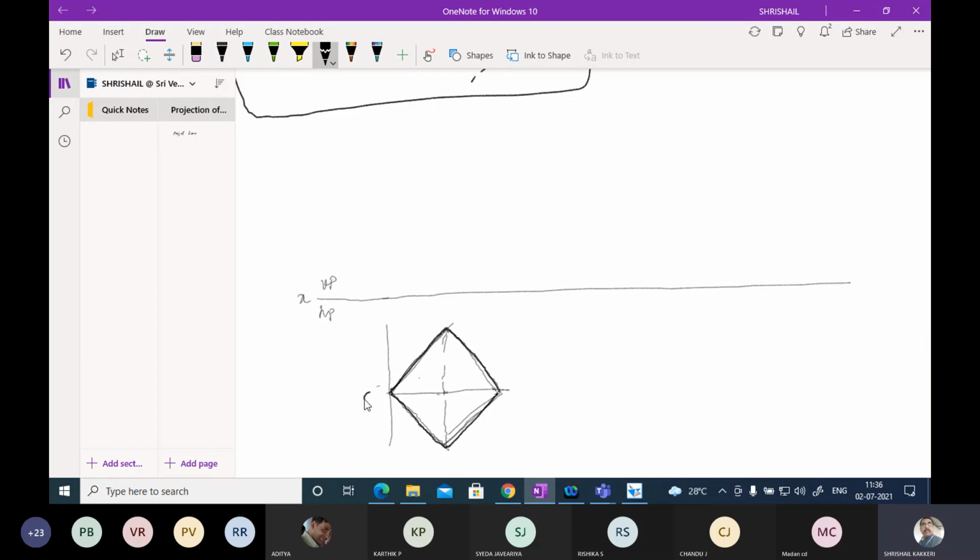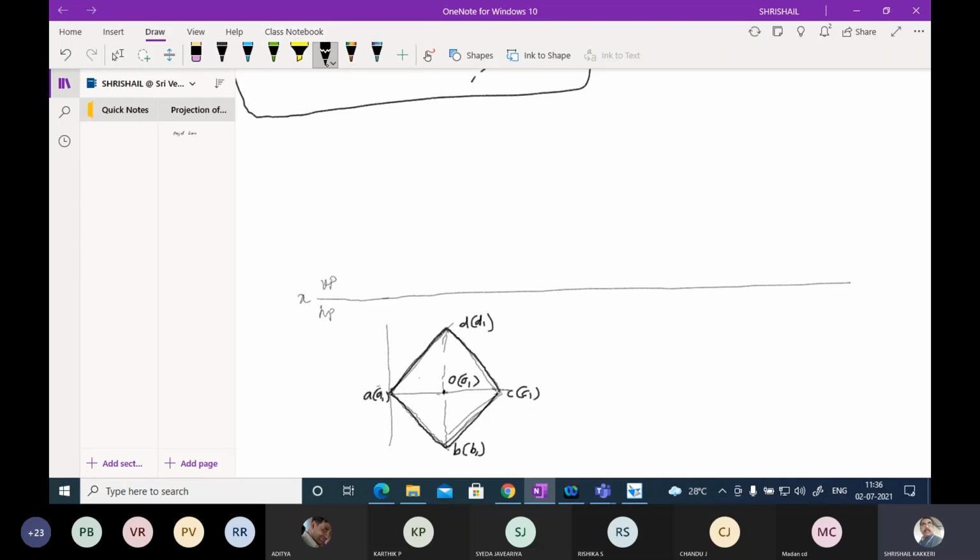I have taken this as A in bracket A1, the bottom edge, and this is B in bracket B1, and this is C in bracket C1, and similarly I have taken this as a D in bracket D1. Then this point is O1.